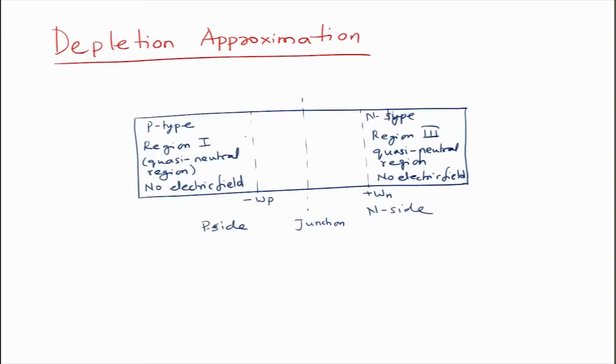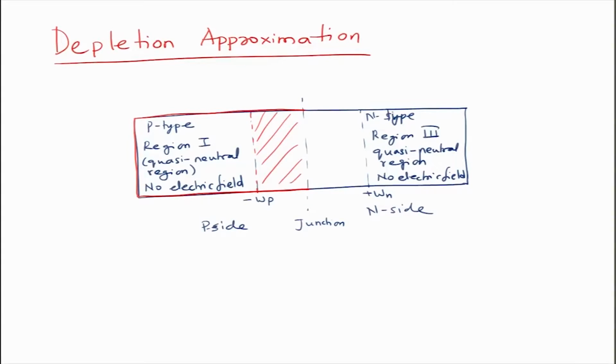And then, let me use a different color here. So, if let us say this was red, this p side, okay, then this boundary is the depletion region boundary on the p side, okay.